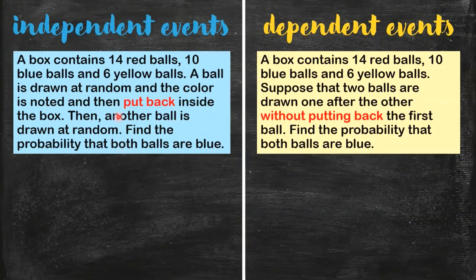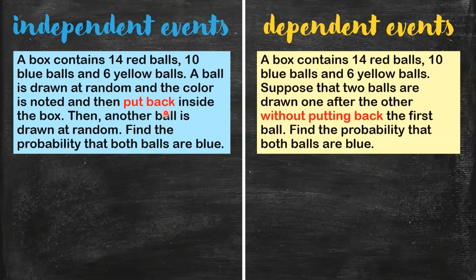Let's start with this first example. What are the two independent events here? Yun nga, getting a blue ball in the first draw and getting a blue ball in the second draw. Yun yung ating two independent events, independent because we have this keyword, put back.